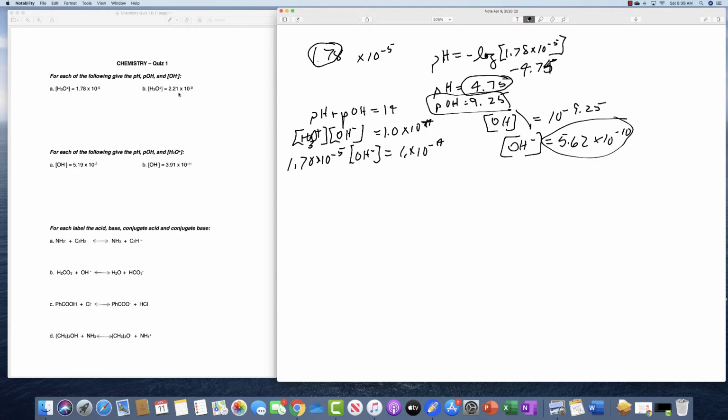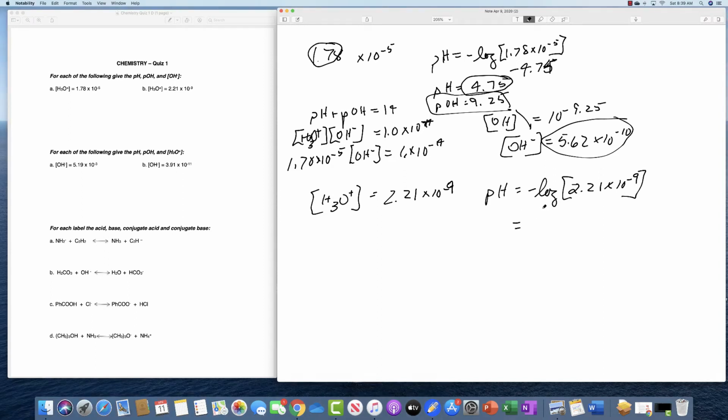Now, doing the next one, if the hydrogen ion concentration is 2.21 times 10 to the minus 9, again the pH is going to be the negative log of 2.21 times 10 to the minus 9. If you work that in your calculator, you get 8.66.